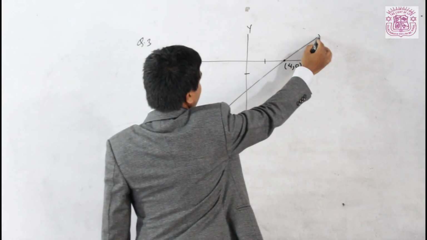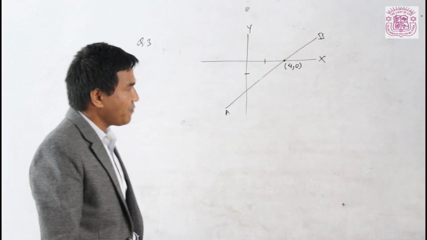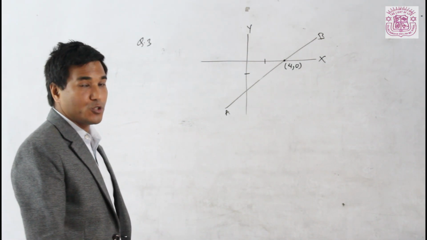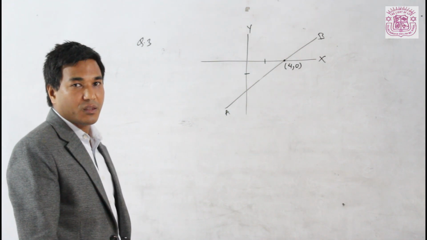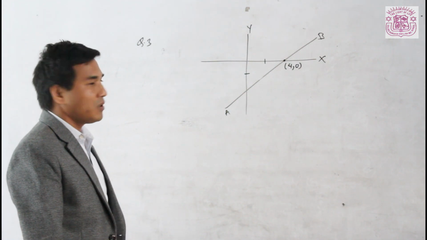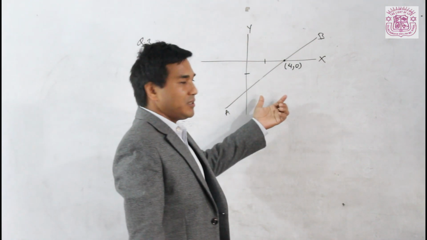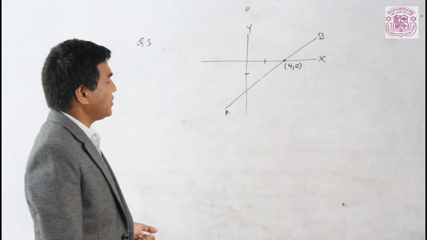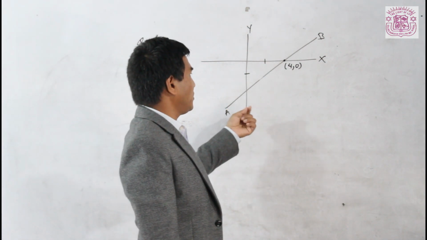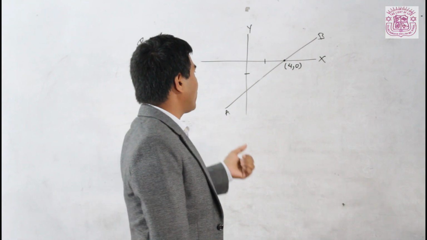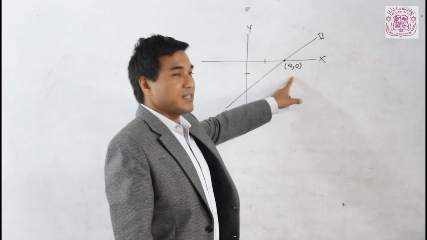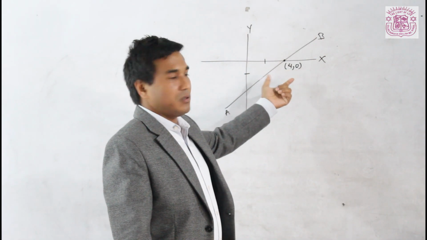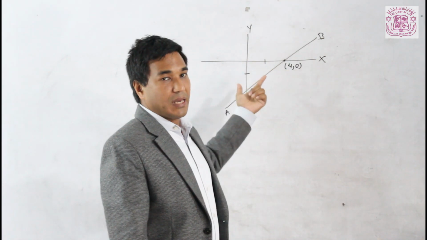Here also you are asked to find the equation of the line AB. Can you have any ideas for solving this question? Okay, I will tell it. This question is a little bit hard because we haven't been given the angle for finding the slope, and also we haven't been given the y-intercept. This 4 is not the y-intercept because it is on the x-axis, so you can say that 4 is an x-intercept.